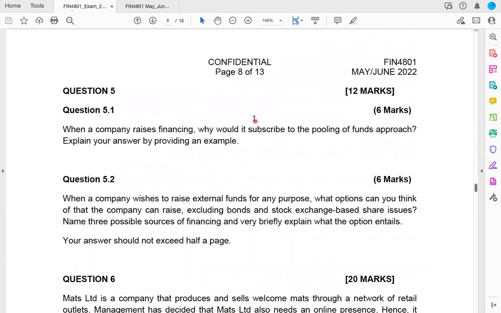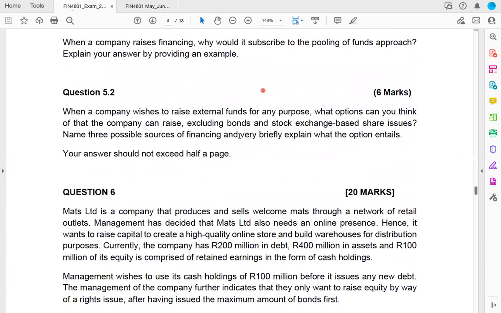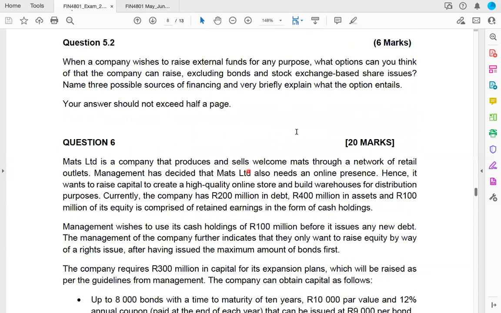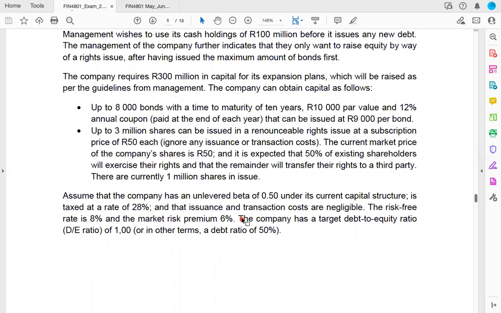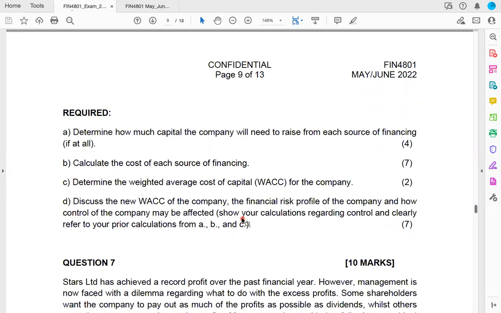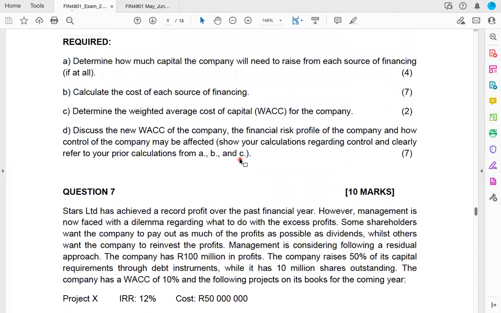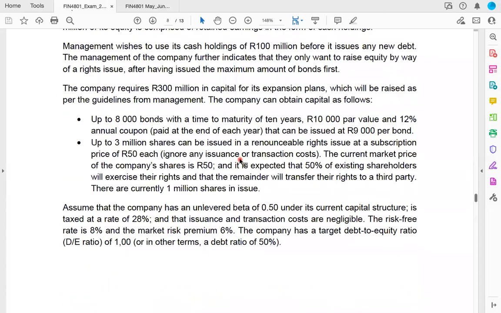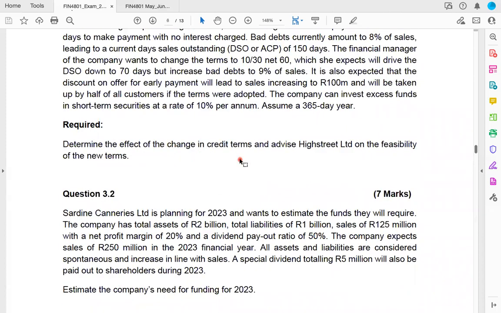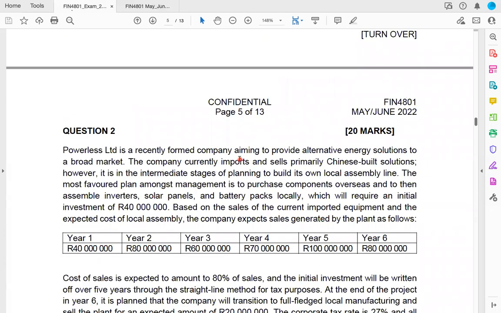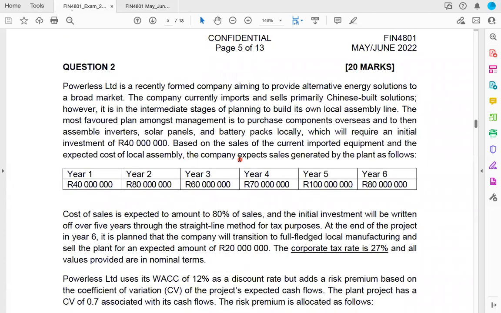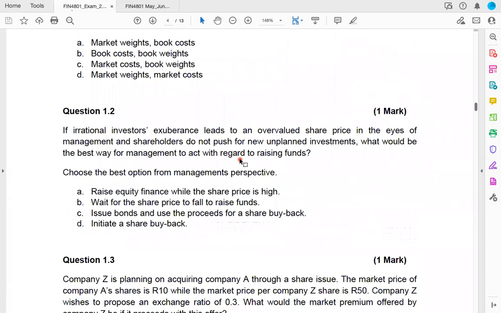Question 5 is a 12-mark question broken down into many small questions. Question 6 is a question on capital structure. And question 7 has to do with different ways of paying dividends, using the residual approach to dividend payments. So we're just going to be going through this paper. I'll be giving you some important points you need to take notes of for the exam, what to focus on, and hopefully that will help you.